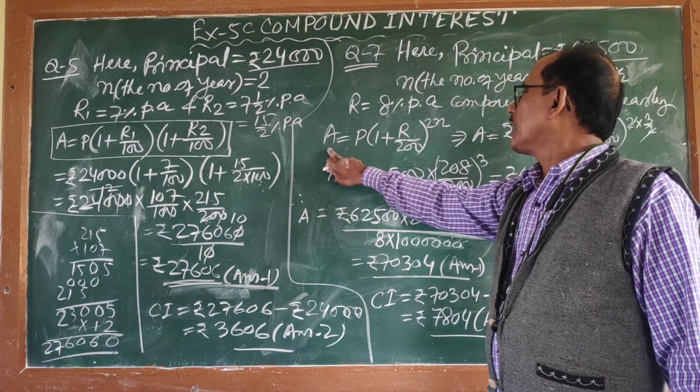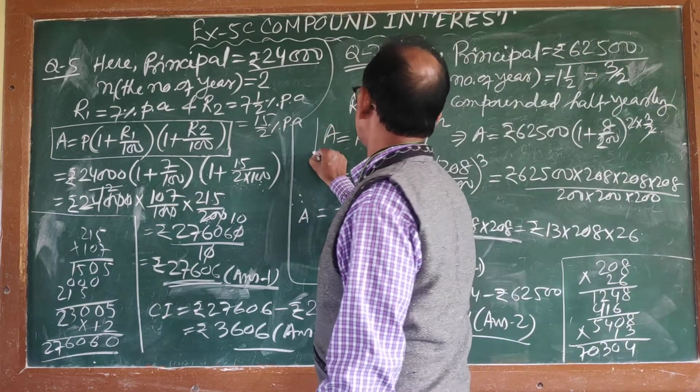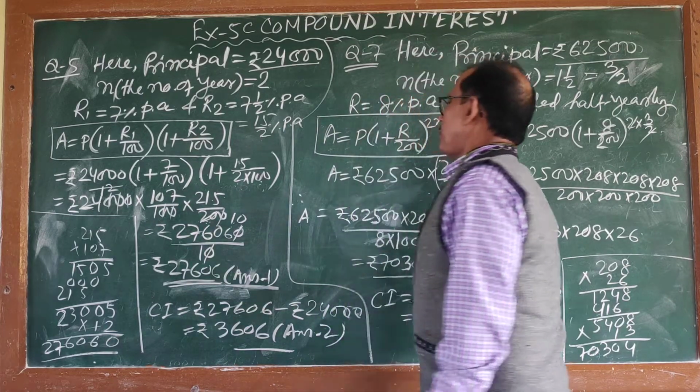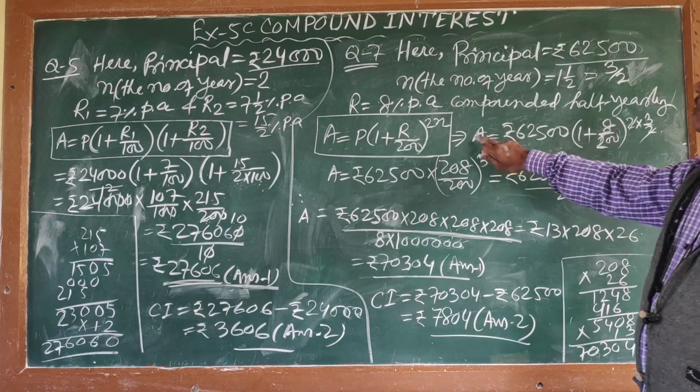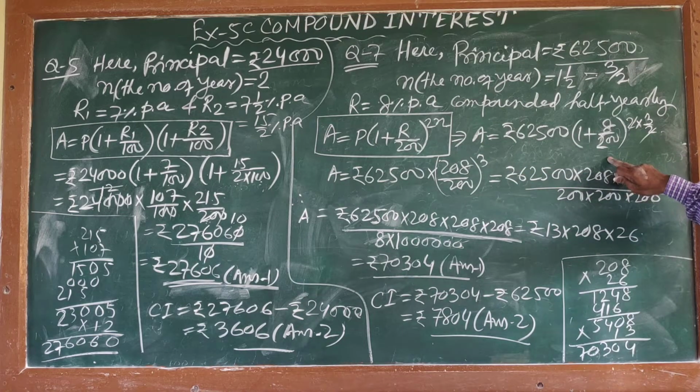So what is the formula? A = P into (1 + R/200) to the power 2n. This is the formula when it is compounded half yearly. Could you understand? So A will become 62,500 into (1 + 8/200) to the power 2 into 3 by 2. The 2 will be cancelled and the power will become cube.